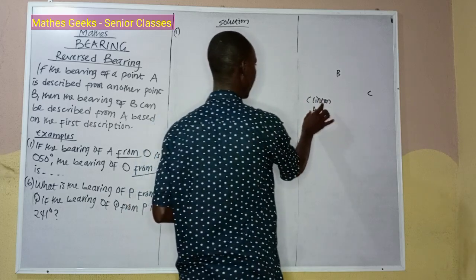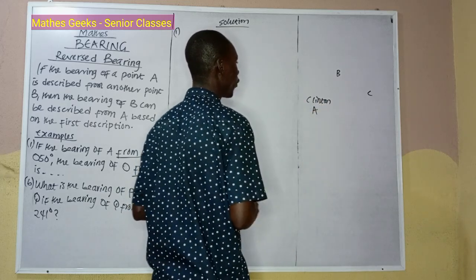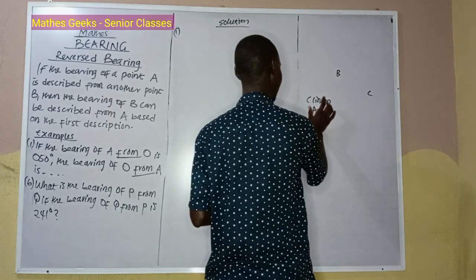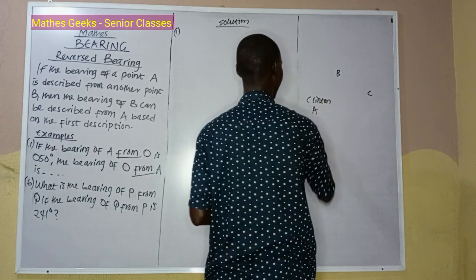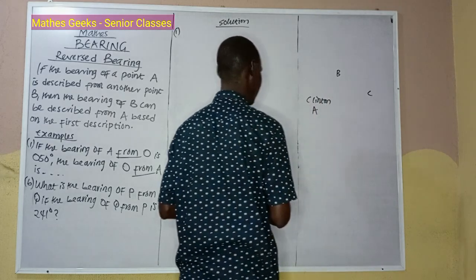Since this is the initial point, what is the bearing of Clinton? If Clinton is at this point and he wants to get to C, how would the direction look like?